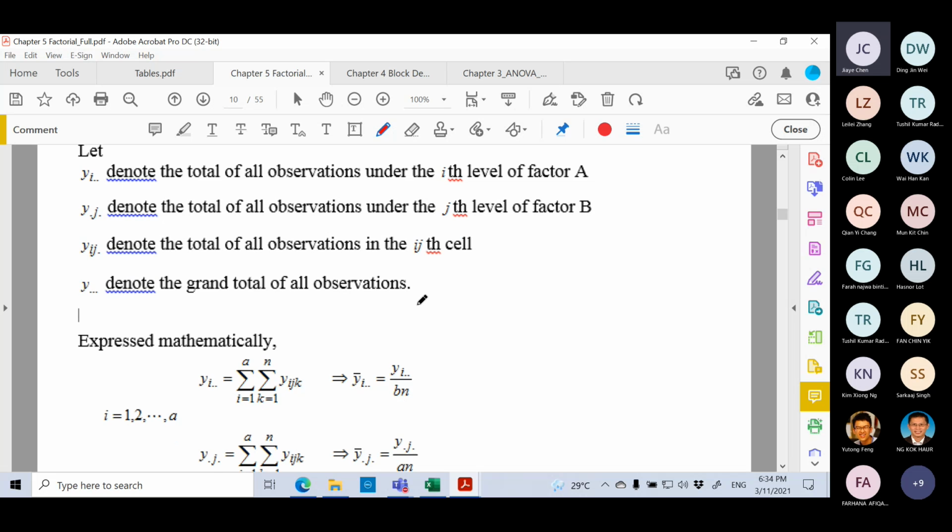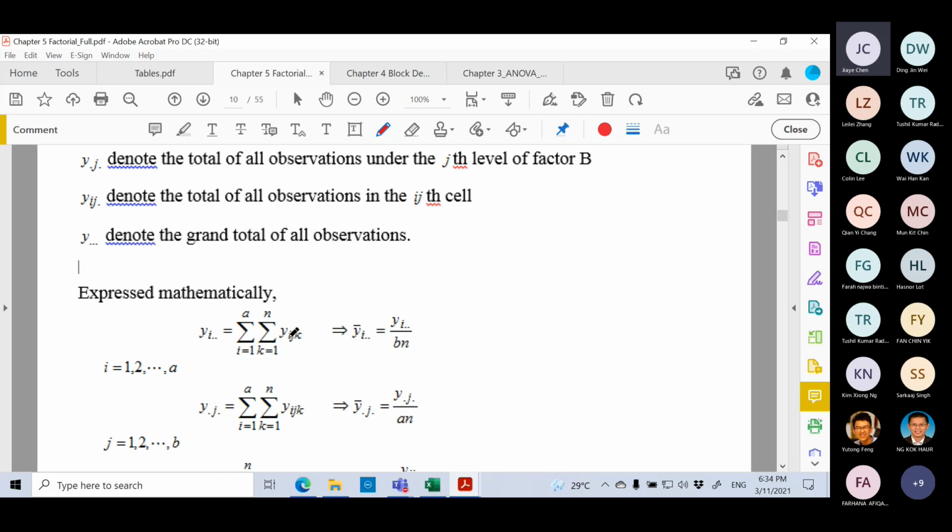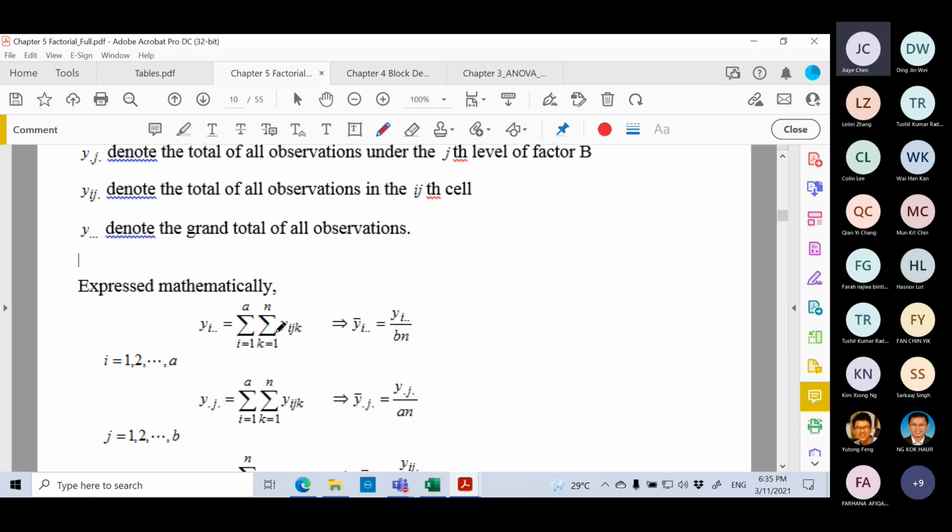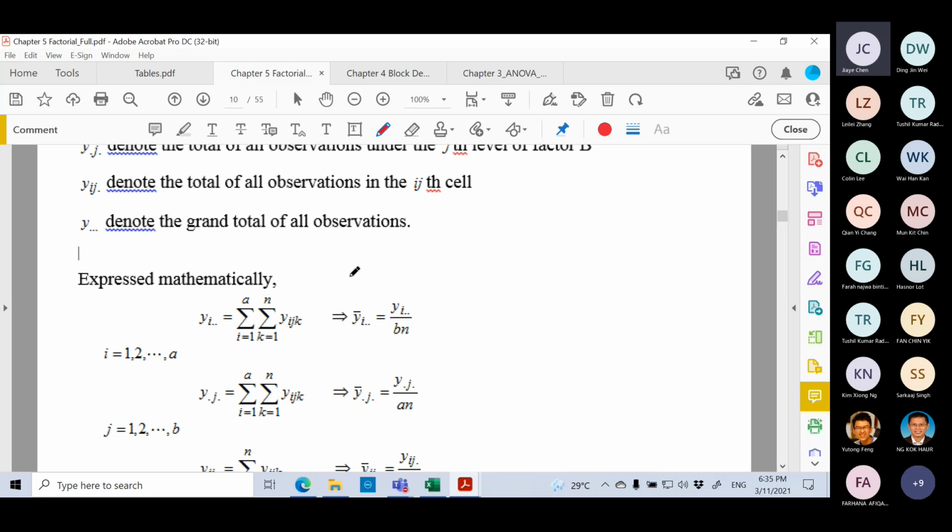Then of course in the mathematical form we have a summation here. The yi dot dot is given by summing over j and k. Sorry, here I change it to j for B. Make the correction here.